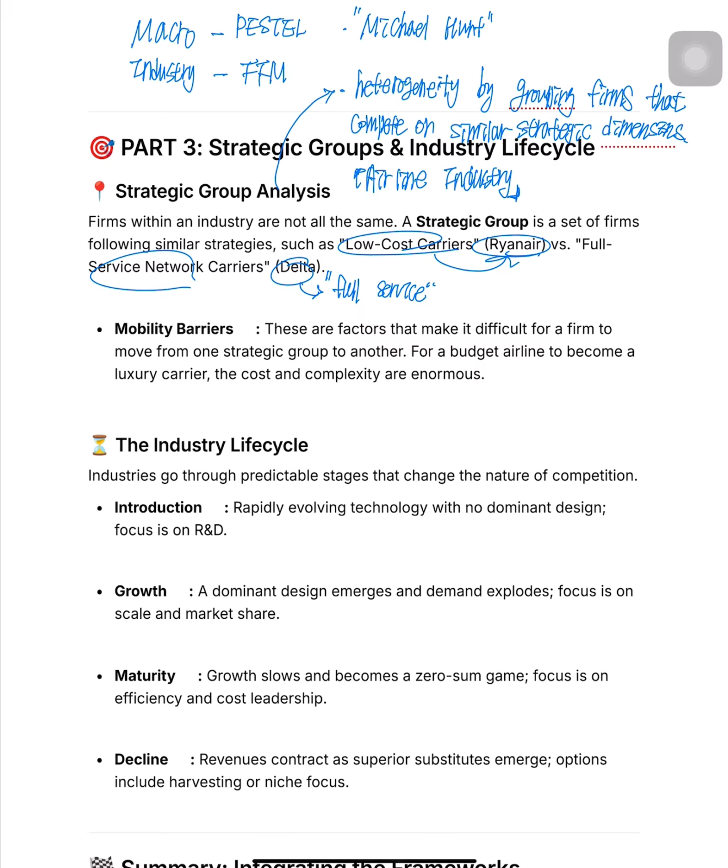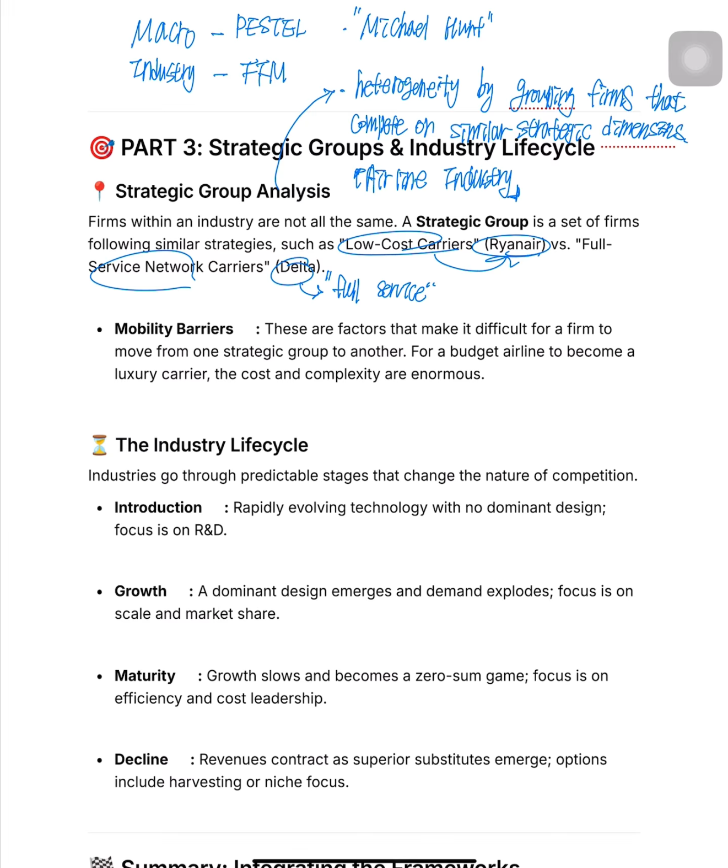Okay, so we are moving into the strategic dimensions and mapping. How do we actually identify strategic groups? This is really important, right? The starting point is identifying the key strategic dimensions along which firms in the industry vary. These dimensions represent the major strategic choices that the firms make.